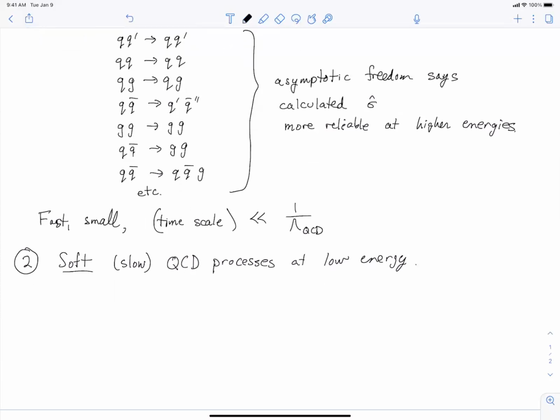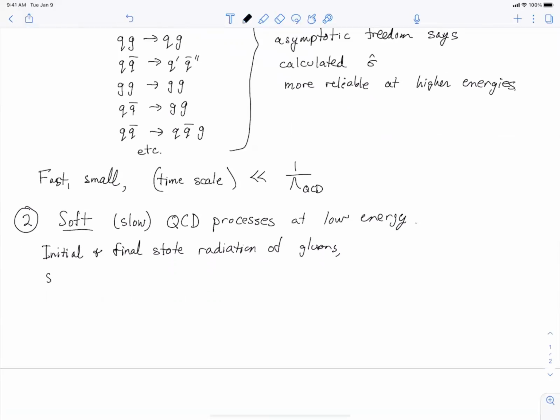They consist of things like initial and final state radiation of extra gluons. And then what's known as showering and hadronization into color singlet bound states.